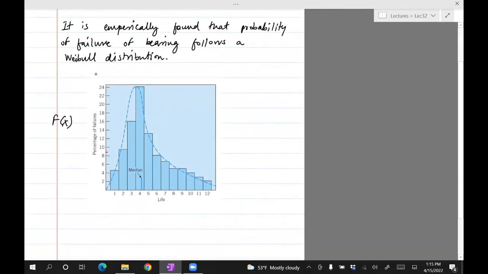F of x here, as I said, is the probability density function.